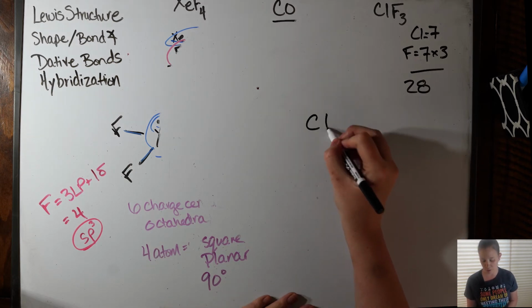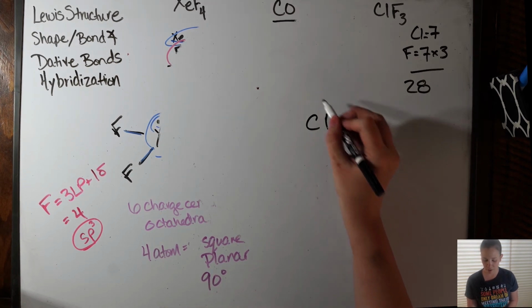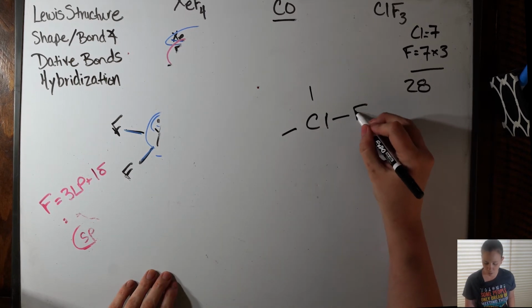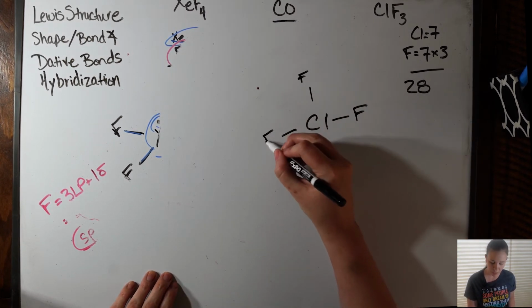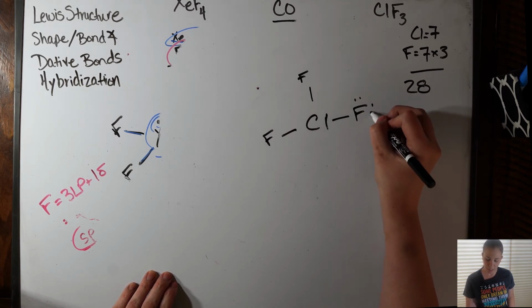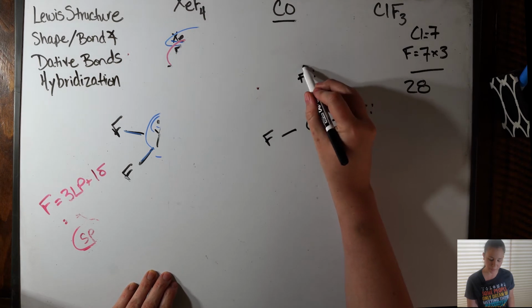So let's start by drawing chlorine in the middle, and then attach 3 of the fluorines. Around each fluorine, since I have to have a single bond to connect the chlorine to fluorine, I'm going to be able to add 6 electrons.